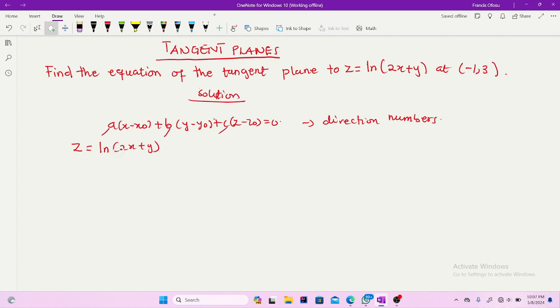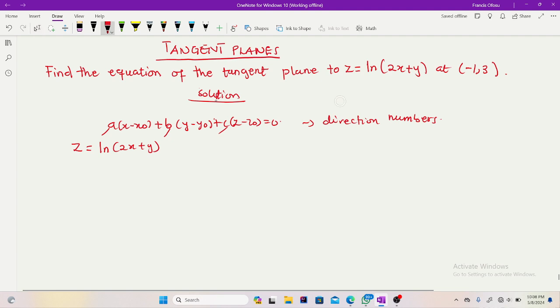You know that for a function like this, it keeps on changing, so with particular values of x and y, z will attain a different value. To find the equation of the tangent plane, we need a direction for our plane, because we already have a point. With this point, we can put in to get our z component.